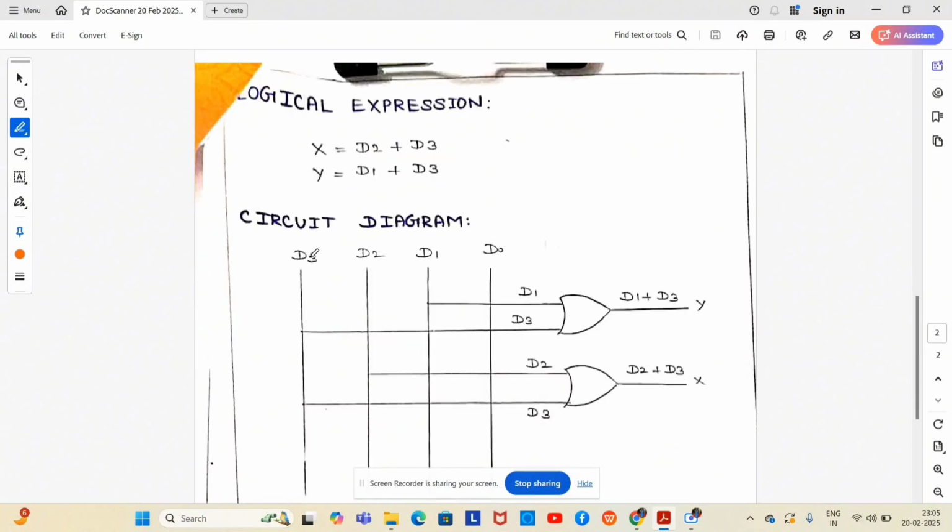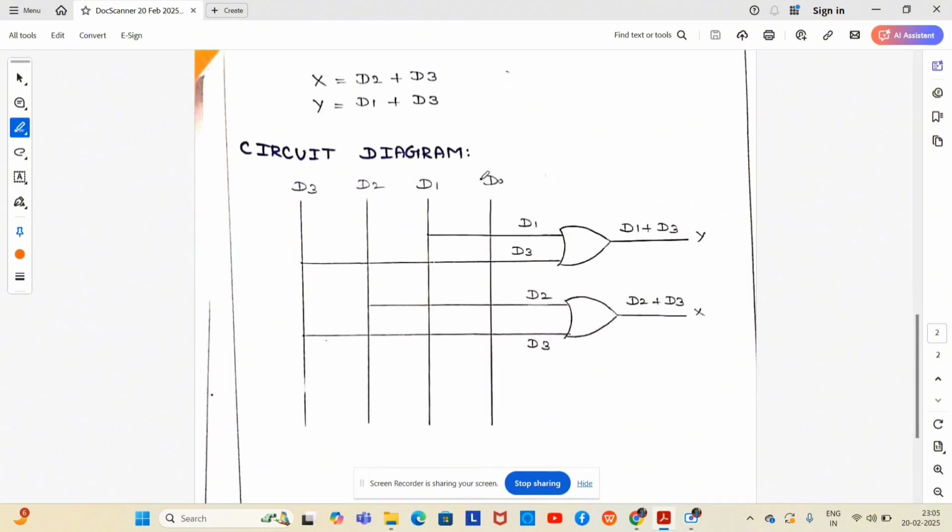Next, the logical circuit diagram. So we know the 4 inputs are D0, D1, D2, D3. These are the input lines. The outputs are X and Y. For X, D2 plus D3; plus means OR gate.